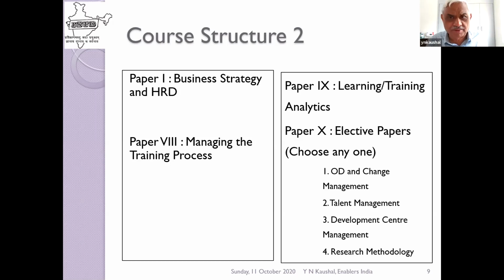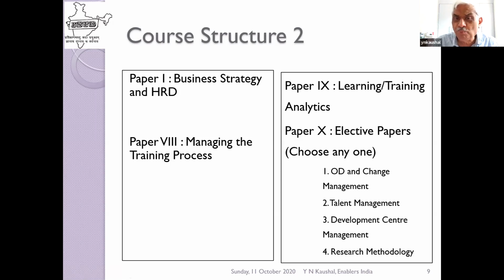That's a compulsory paper. Paper 10 is the elective paper, where we have OD and change management, then talent management, development center management, research methodology. At the moment, we are offering OD and change management and talent management. These two are the ones which are being offered. And in due course, development center and research methodology may also be offered.